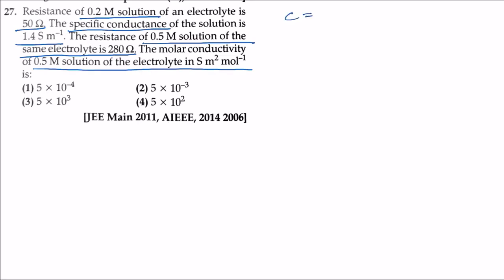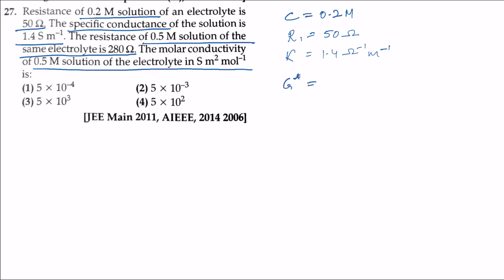The concentration of the electrolyte solution is 0.2 moles per liter. Resistance is given as 50 ohm, and the conductivity or specific conductance of the solution is given as 1.4 per ohm per meter. From this, the cell constant of the cell can be calculated.